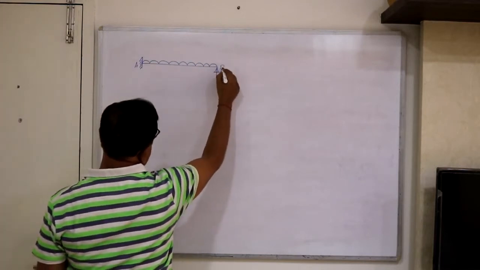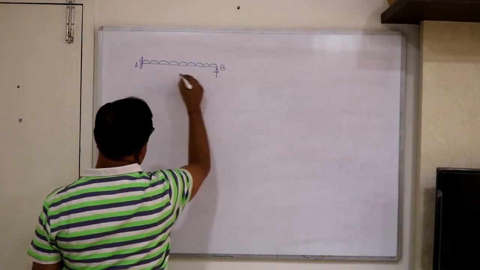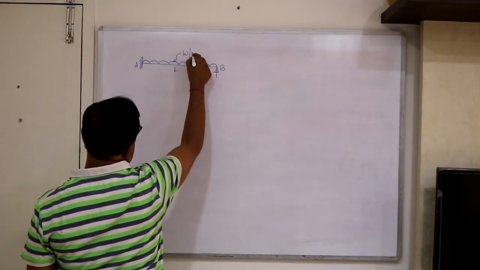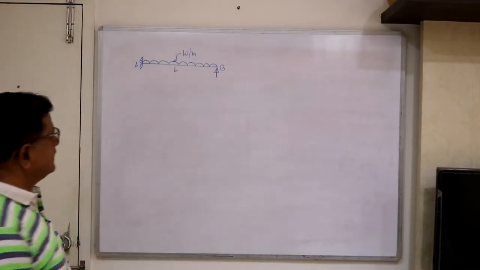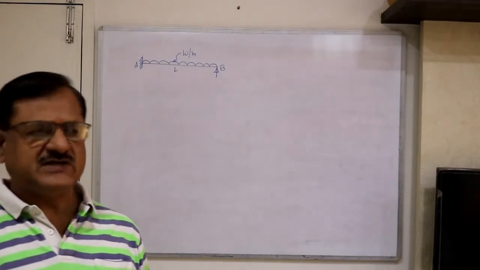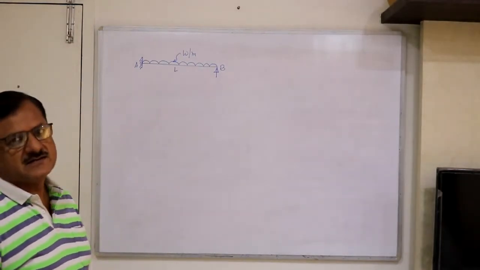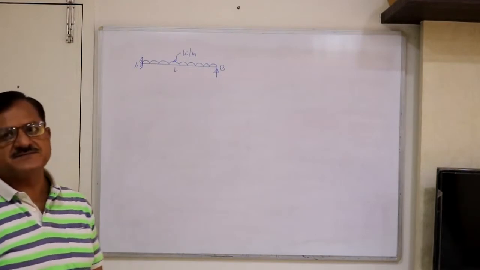L is the span. It carries load w per meter run. We already solved this, we know the answers. Now let's solve it using the stiffness method.